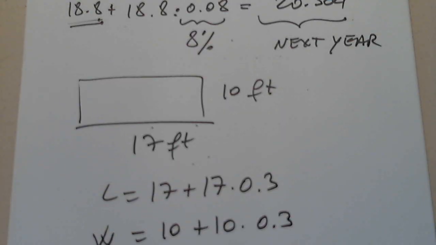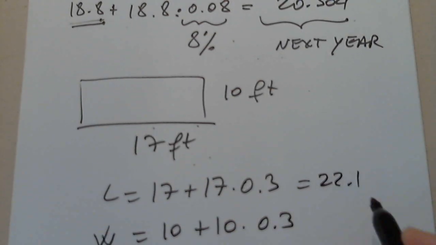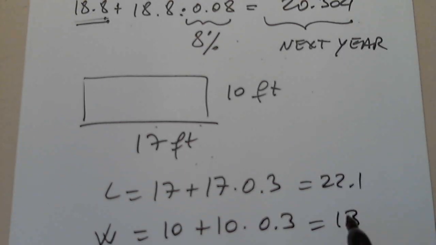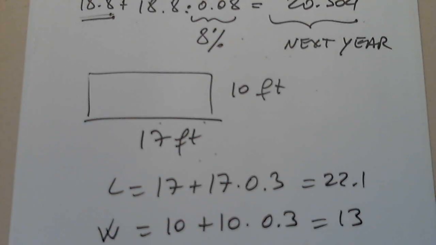Okay, so let's multiply. We have 17 times 1.3. It's the same thing. So 22.1. And then 10 times 1.3. I combine like terms, so to speak. So this is 13. Okay, fine.